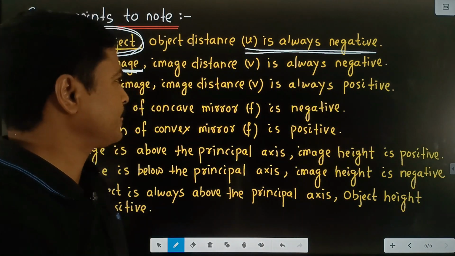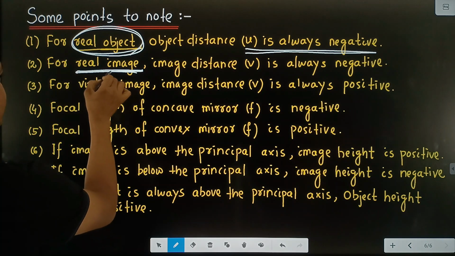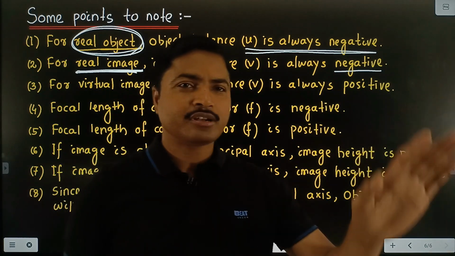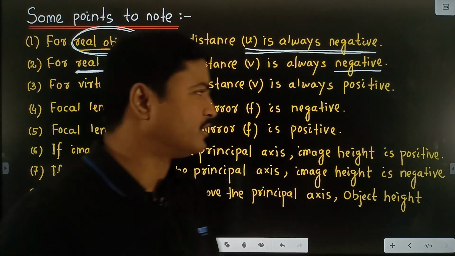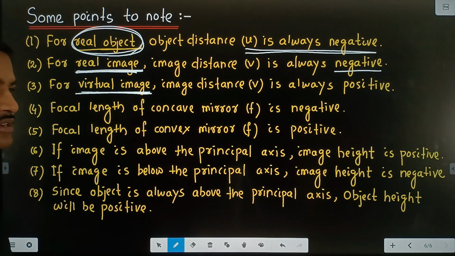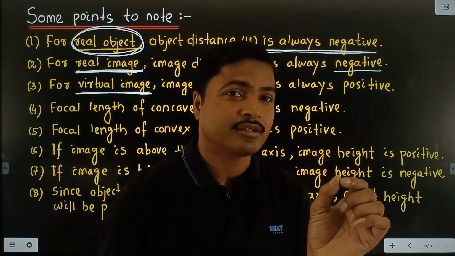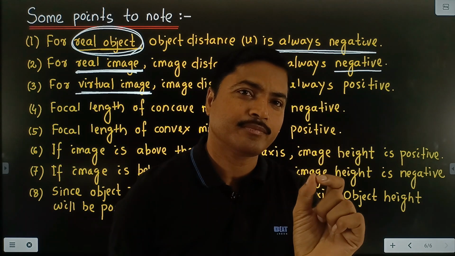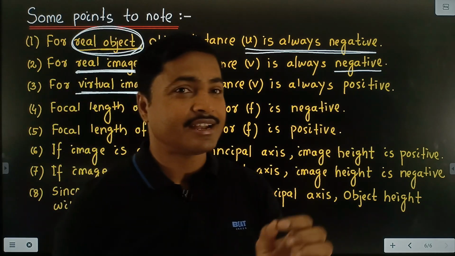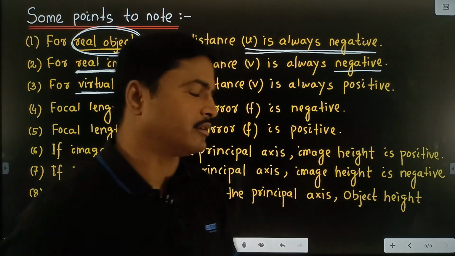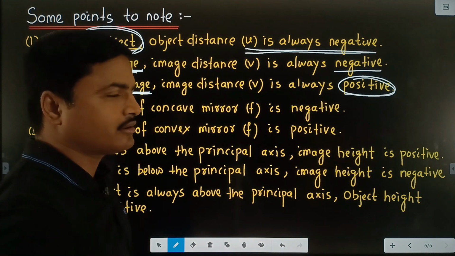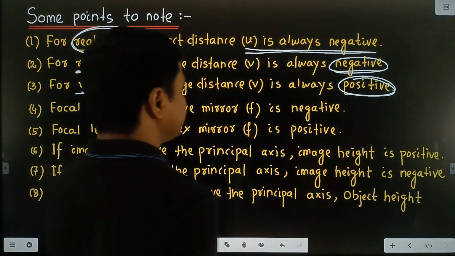If the image is real, that means it is inverted, and inverted means negative, very simple. Inverted means negative, not inverted means positive. Similarly, if the image is virtual, it is not inverted, because the nature is virtual and erect. Erect means not inverted, and not inverted means positive. Inverted is negative.